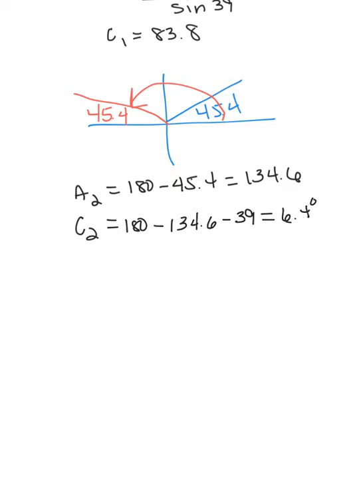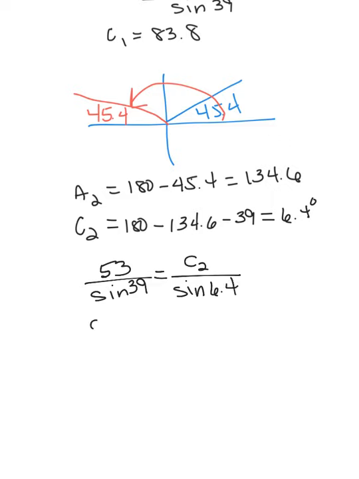Now that we know all three of our angles, we need to find the missing side, which is side C2. We'll go back to our given pair of 53 over the sine of 39, and this has to equal side C2 over the sine of 6.4.